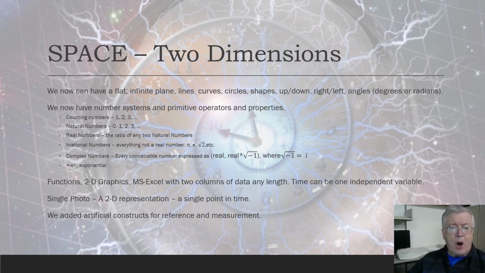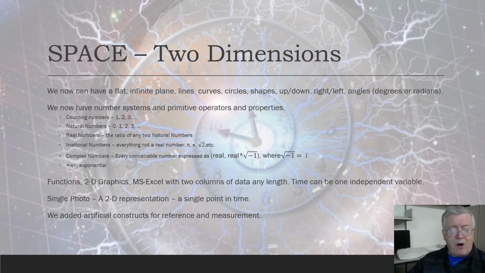And then we had properties which are like you can't divide by 0. 0 times any number is 0. You have the commutative property, the distributive property, on and on like that.